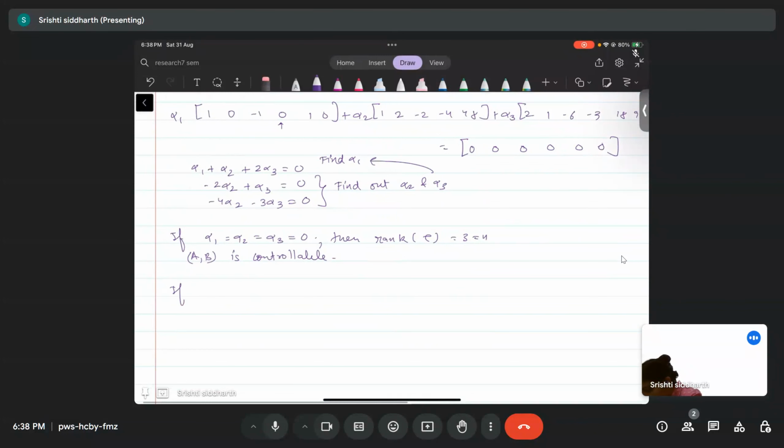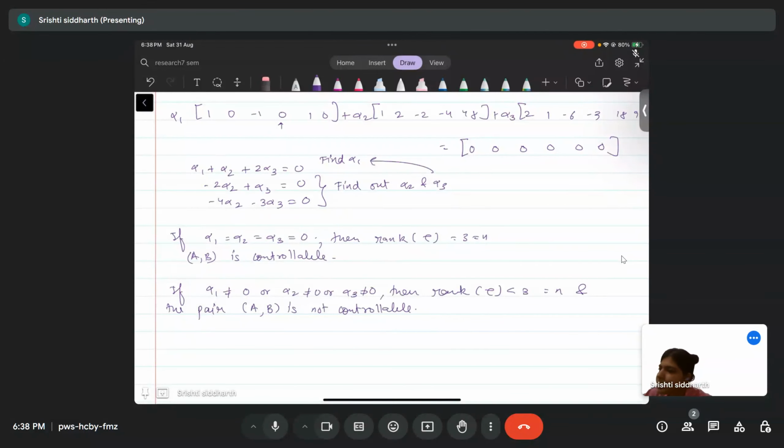However, if any of those alphas is non-zero, alpha 1 is non-zero or alpha 2 is non-zero or alpha 3 is non-zero, or any combination of these, then the rank of C is less than 3 and the pair A, B is not controllable. Okay, so you can check this. Compute the values of alpha 1, alpha 2, alpha 3, and comment on the rank and the controllability of the system.